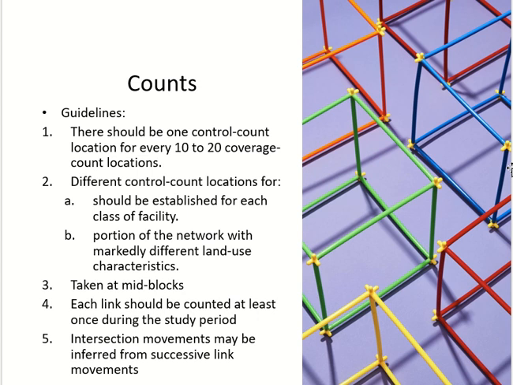What are the other types of roads? Rural, urban, and what else? Collectors. Okay. So you need to identify which roads are rural arterials, which roads are urban arterials, which roads are urban collectors, which roads are rural collectors.